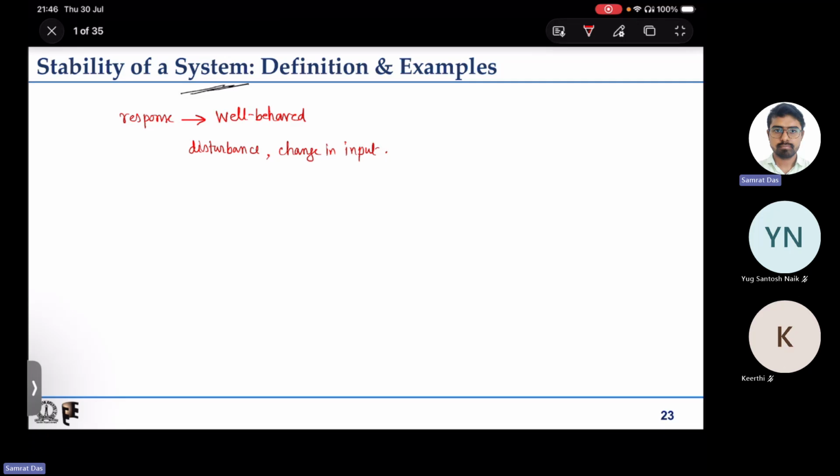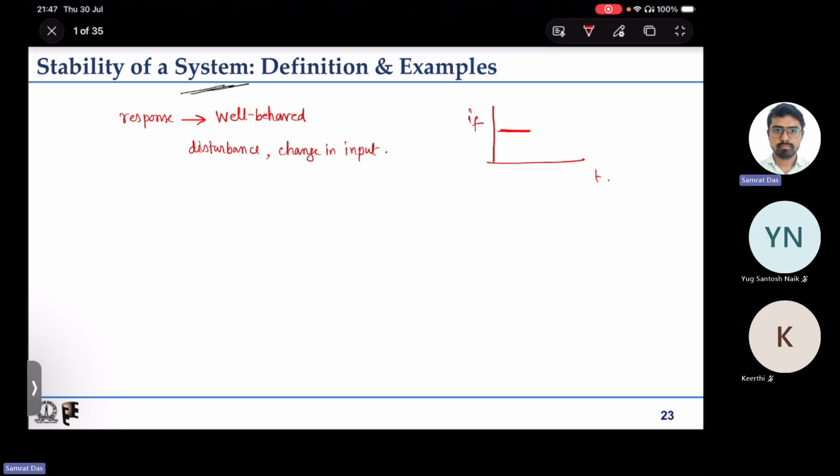Let us take the case of a field winding circuit. The current is one of the state variables of the system. Let us say this is the current, and this is time. The current has reached steady state and it is at one of the operating points, which is some DC value of current.